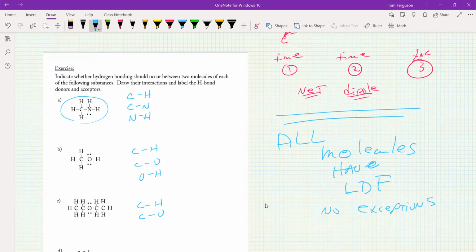Now what you can do, you can analyze these guys looking at each pair of atoms and determine how strong they are. In other words, how many CHs are in this molecule here? Well, we have 3. We have 1 CN and 2 NHs. Here we have 3 CHs, 1 CO, 1 OH, and here we've got 10 CHs and 2 COs.